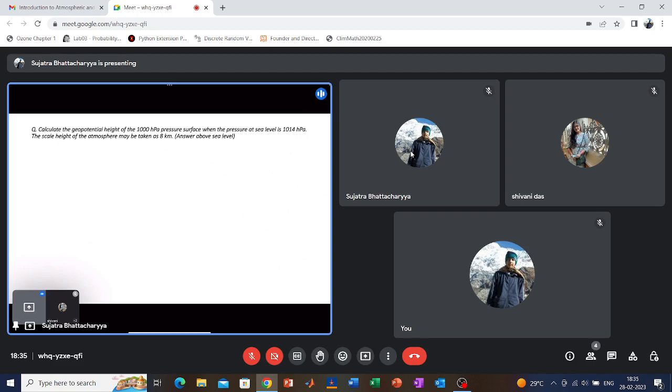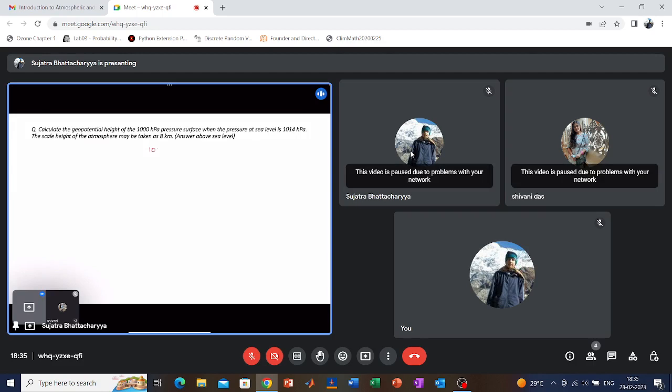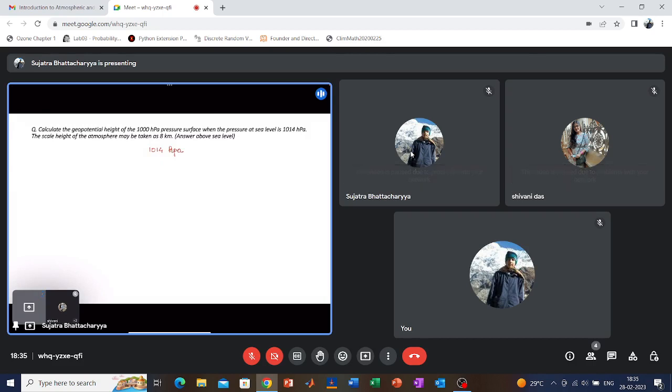So answer above sea level means this 1014 hectopascals, as it has been already shown here, is the surface, means the sea level pressure. So I will put Z is equal to 0 corresponding to this pressure.